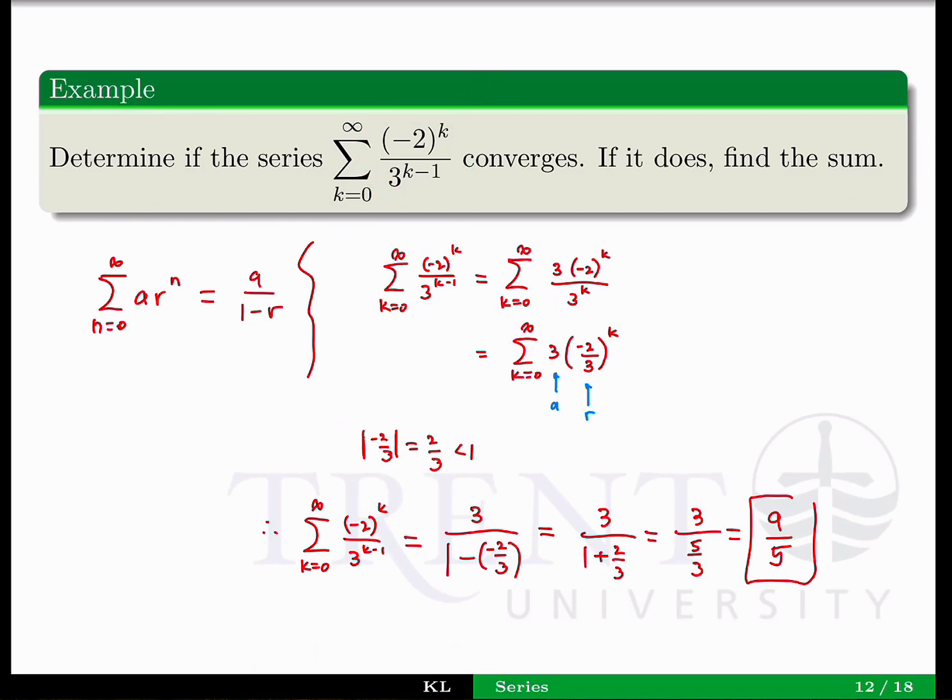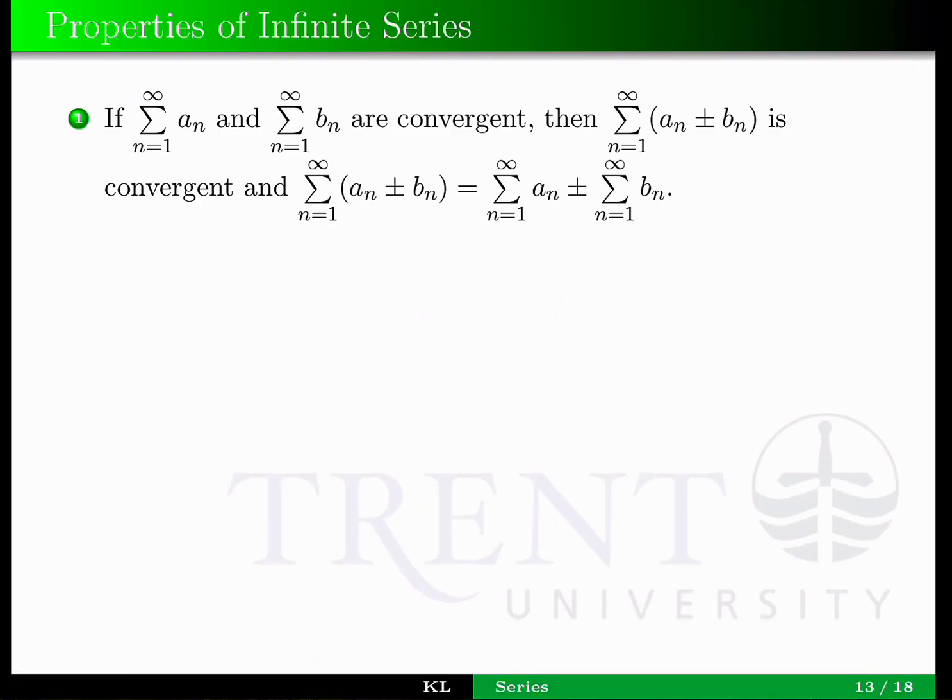Now, some basic properties. If you have two infinite series that are convergent, you can add and subtract them. And then you will be able to form the new series with terms an plus or minus bn.